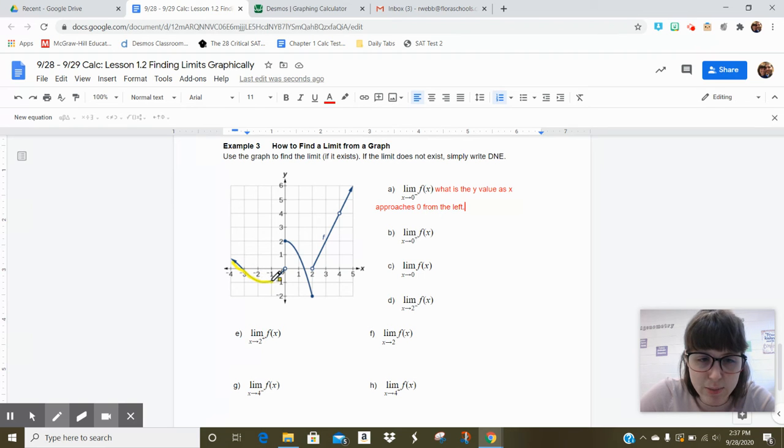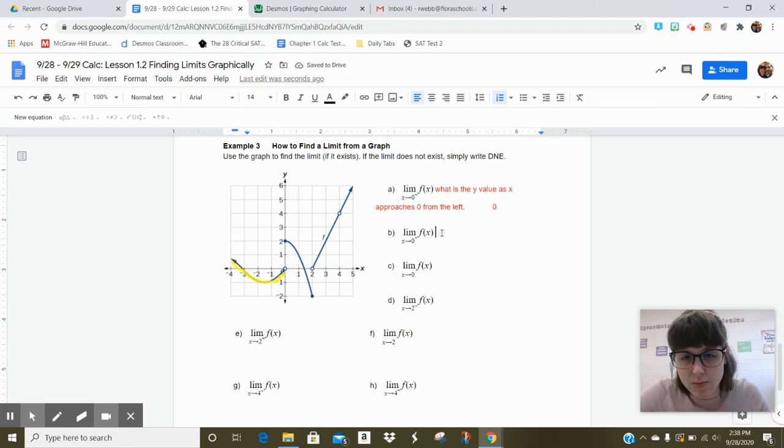So we're following this part of the graph to this point right here when x equals 0. And I'm asking you, what is the y value of this point? Well, the y value of this point is 0, so that means that its limit is 0.